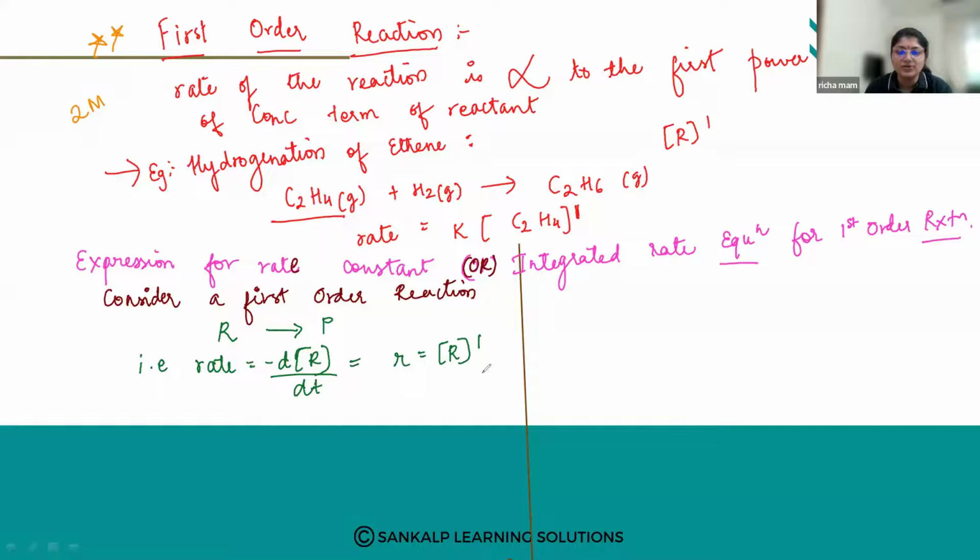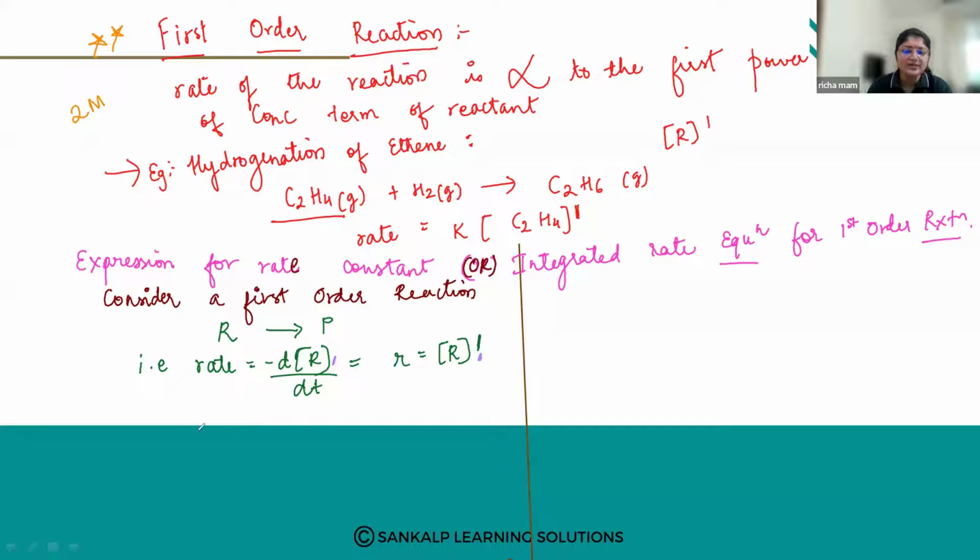So the power is 1 here. We will separate the R terms: whatever R terms are there, we will take on one side.